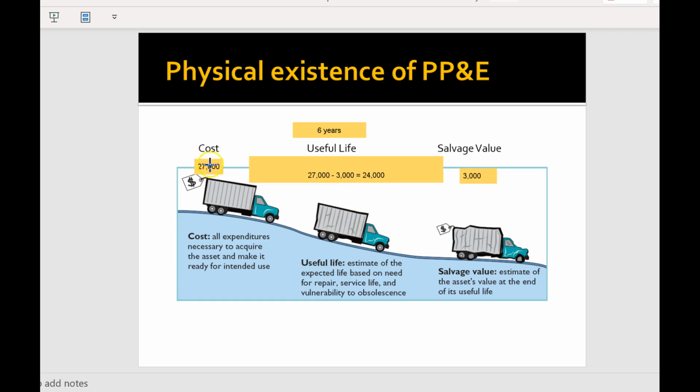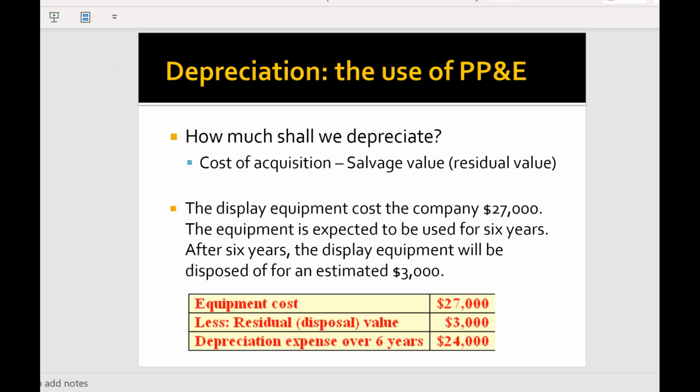You purchase a truck for $27,000. When you send it to the scrapyard, it's $3,000. So how much can you possibly use during the 6 years? That's the difference between the two, 24,000. This is very important because we need to know how much has been used during these 6 years.